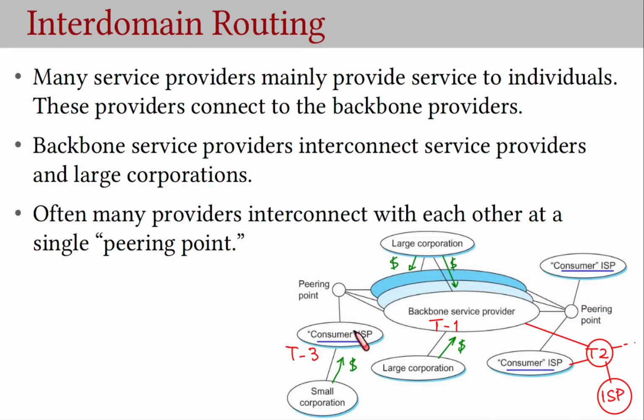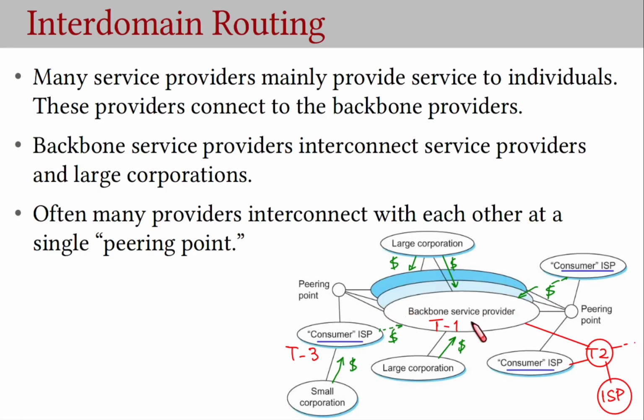These consumer ISPs, probably one of these three in this case, they pay money too, so they have to get connectivity from one of these backbone service providers. I don't know which one, but in any case they give money maybe to this one, and so on. However, these tier 1 service providers don't pay anyone, so they own the network, right?